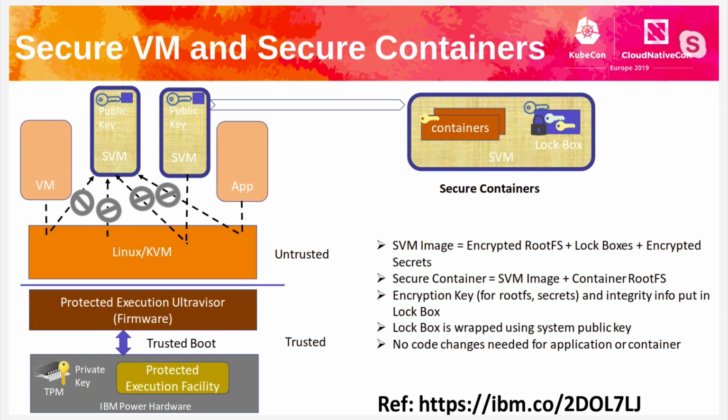In subsequent slides, Harshal will talk in more detail about how this is done. This lock box is wrapped with the system public key. The IBM server, or the system with protected execution facility, has a TPM, so this lock box is wrapped with the TPM public key. What it means is that this can be decrypted only on the system whose public key was used to encrypt it. So that's the whole concept.